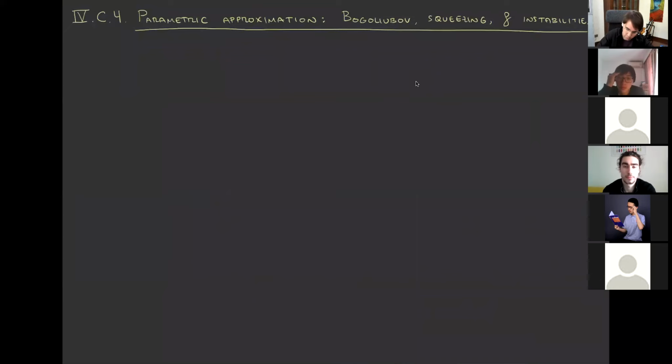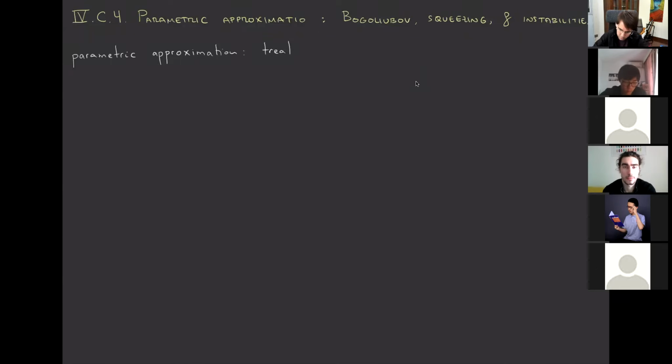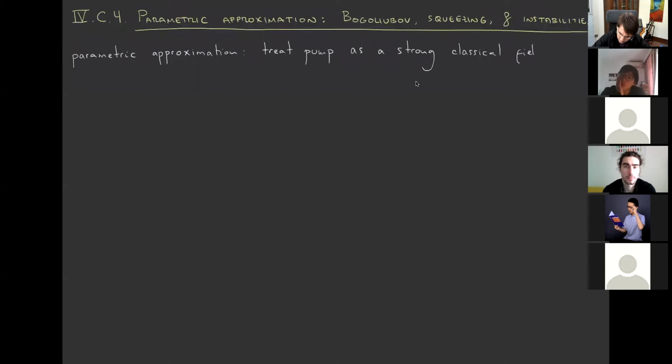The parametric approximation refers to treating the pump as a strong classical field source.